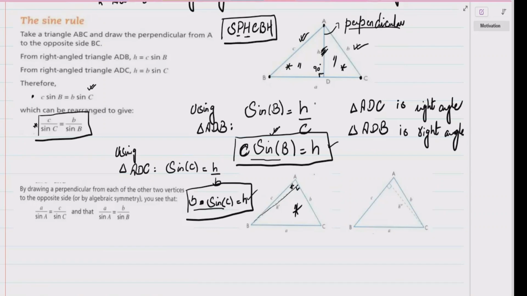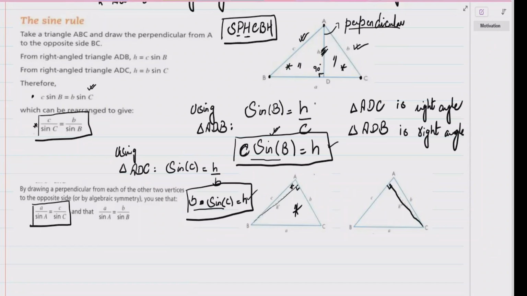When you solve the same thing that we did from this triangle, we get a upon sine A. Again, the side is a and below it we have the same angle, capital A, and likewise c upon sine C. When we draw the perpendicular from side C, we take care that it makes 90 degrees.